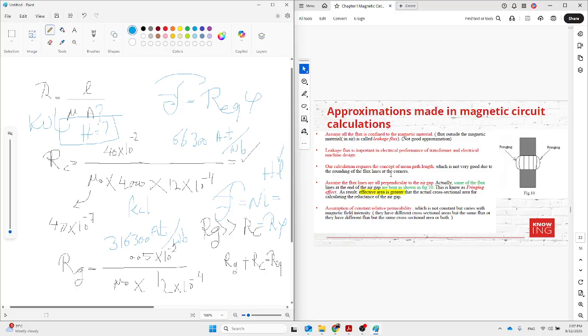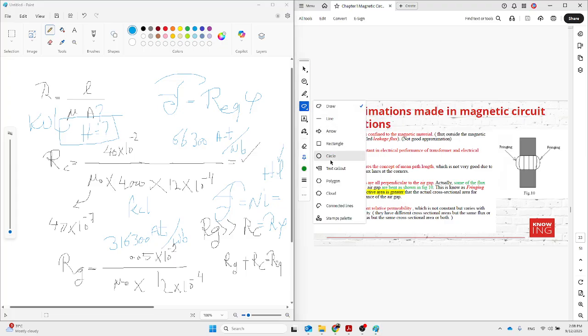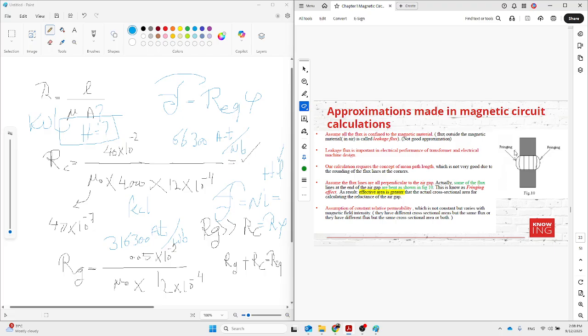Next part focuses on the problem of leakage flux. Before that, I explained that we usually ignore the fringing effect or leakage flux. Mostly from here until the end of this unit, our expectation is that there is no fringing effect, as you can see here, and all flux is perpendicular to the air gap, from upper side to down or down to up.